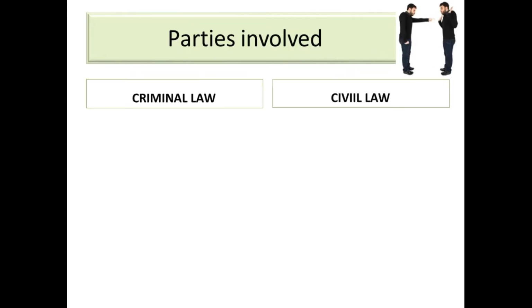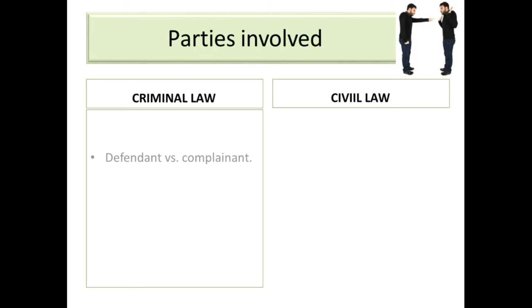We have already noticed that in this lesson, somehow, someone should have wronged another for there to be a case. There are two parties, so I will give you the names of the parties in both criminal and civil laws. In criminal law, we have the defendant versus the complainant, for which the complainant is usually the state.